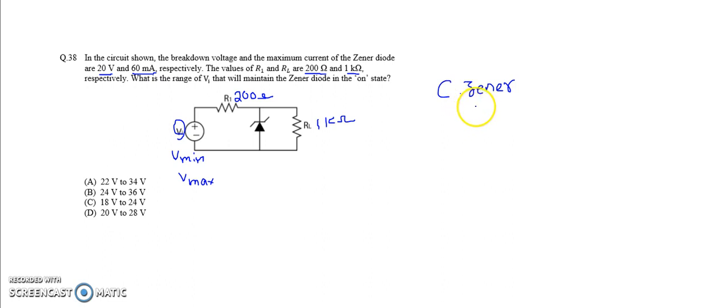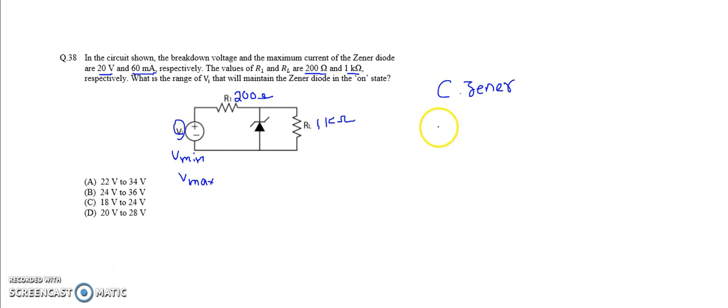The Zener diode is different from the conventional PN junction diode. The difference is in the doping concentration: in the Zener diode, the doping concentration is high compared with the PN junction diode.